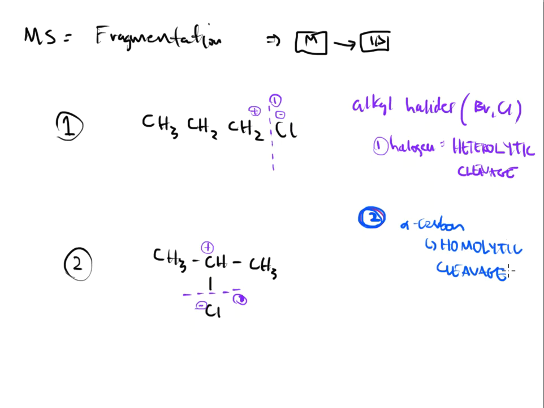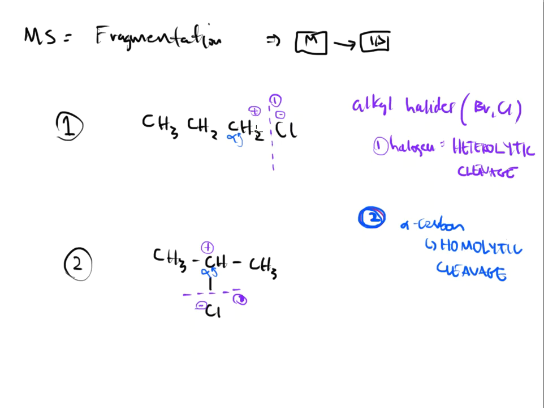All right, well, what's the alpha carbon? So here's the halogen, and the carbon that the halogen is attached to is called the alpha carbon. So this is the alpha carbon right there. And here's the chlorine, and there's the carbon that chlorine is attached to. So this is called the alpha carbon, and that's what we're referring to in each one of these cases.